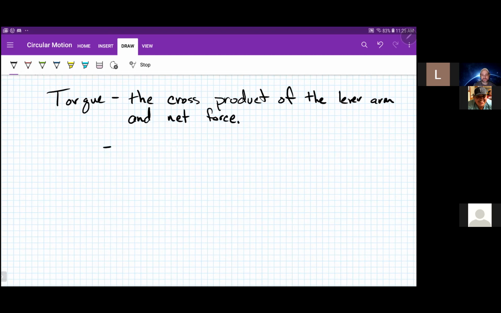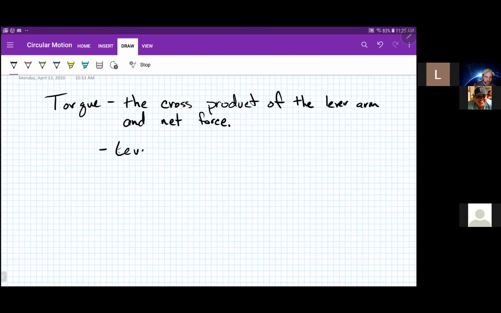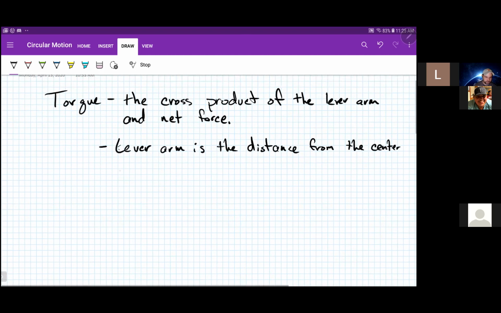The lever arm is the distance from the center of rotation of a body to the net force. I'll show you what that looks like.